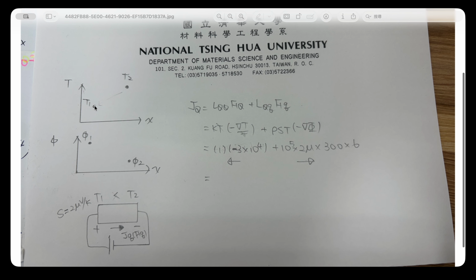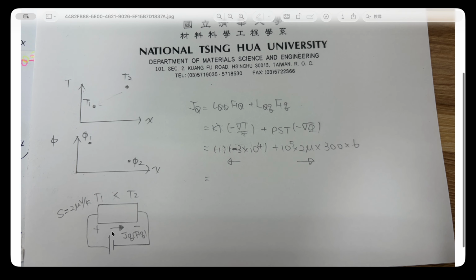The slope is this minus this one. If T2 is lower, you use T2 minus T1 and have a positive term, and you will get the heat flow going to the right-handed side. Everything is perfect.